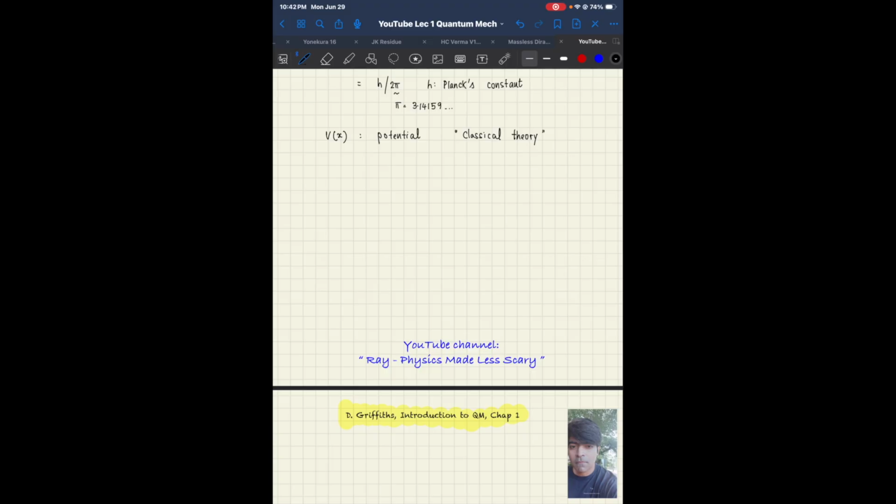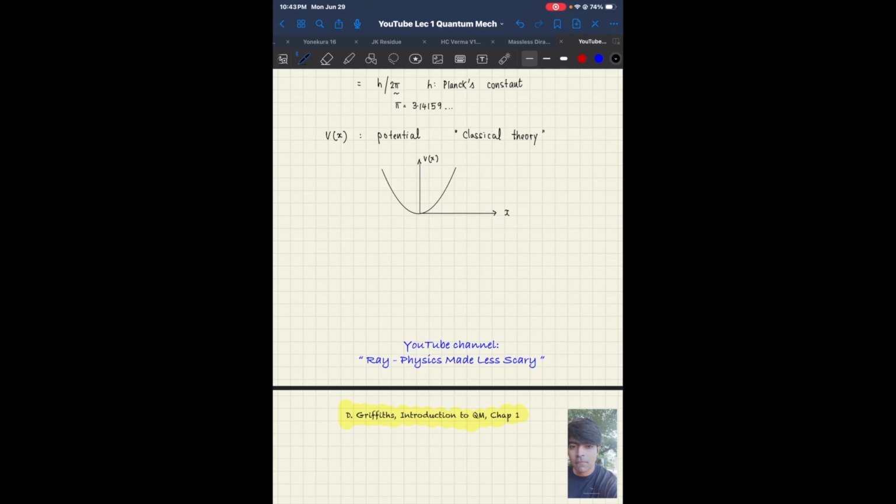It looks like a parabola. It doesn't look like a parabola, it is a parabola. So yeah, roughly this. This is your x direction. This is your V of x.